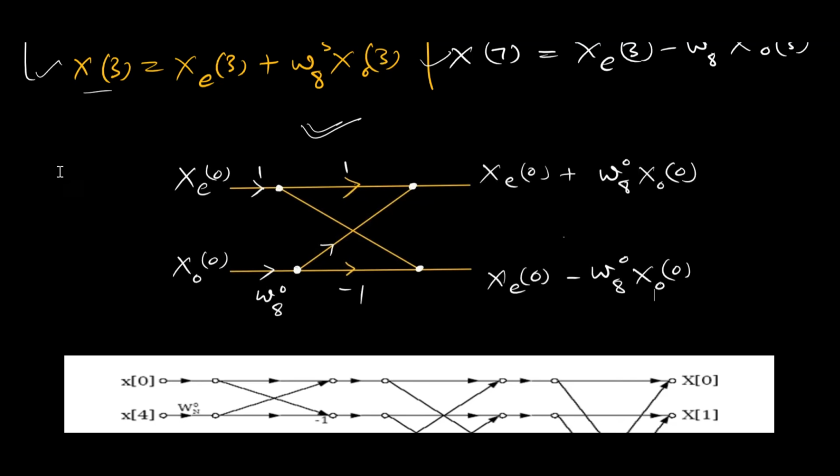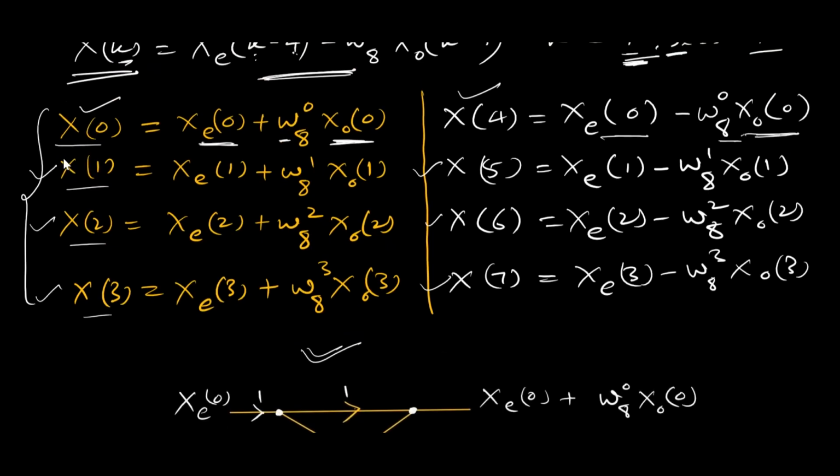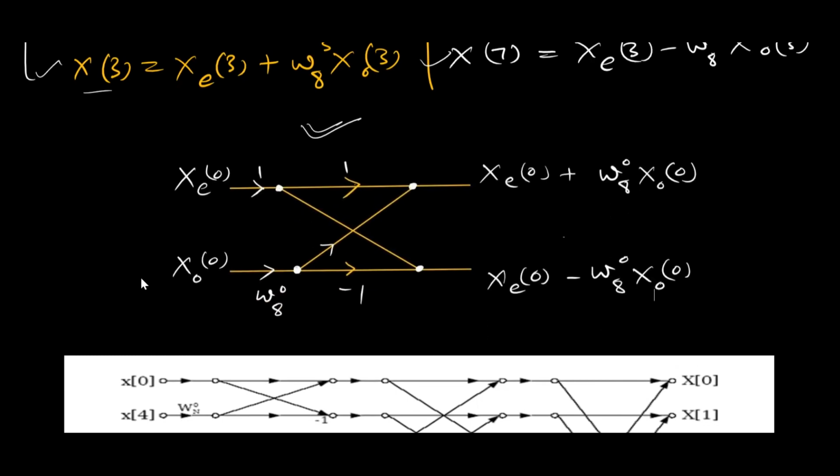the inputs are xe0 and xo0, multiplying with this twiddle factor. Now see, the inputs are xe0 and xo0.